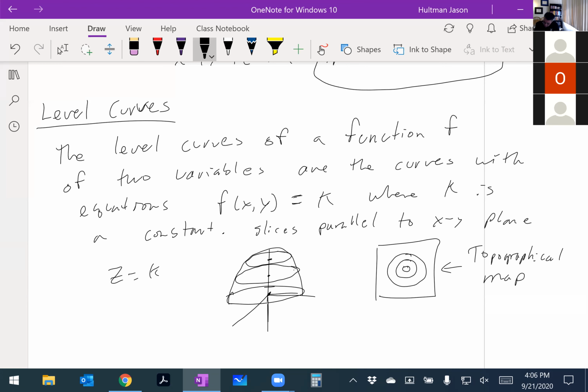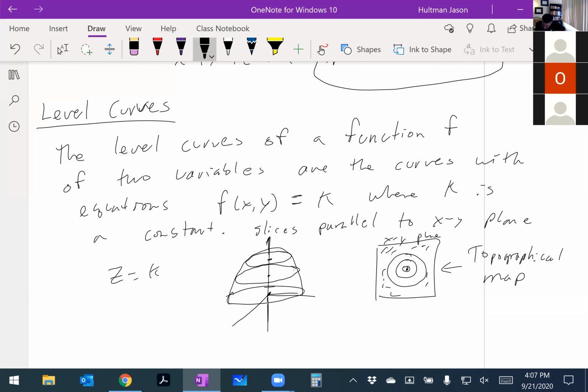If you're looking down, this is the XY plane, and we're looking down from above, Z is coming out right here, where we would see concentric circles for various values of K.